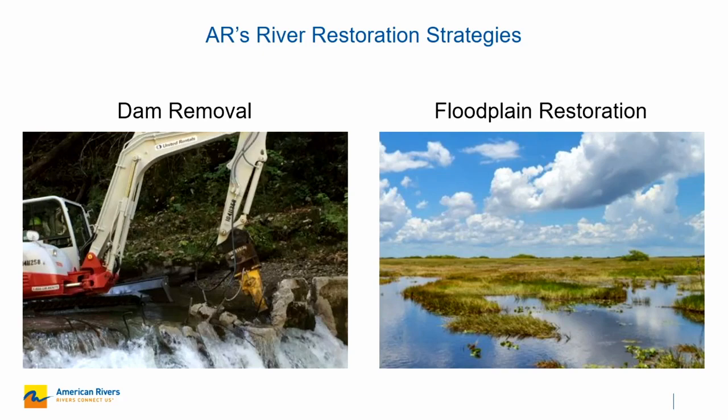When it comes to our restoration program, we're probably much more well known for the dam removal work that we do, and we've been doing it for several decades. So our floodplain restoration program is much newer.